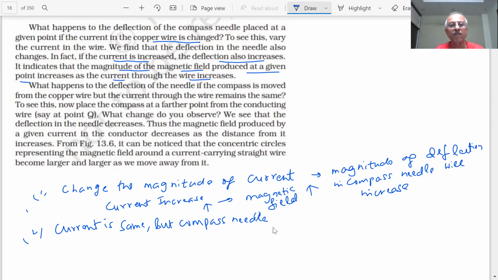As the distance of the compass needle increases, what will you observe? The magnetic field produced by the current will decrease, so the deflection also decreases. The deflection of the needle decreases.